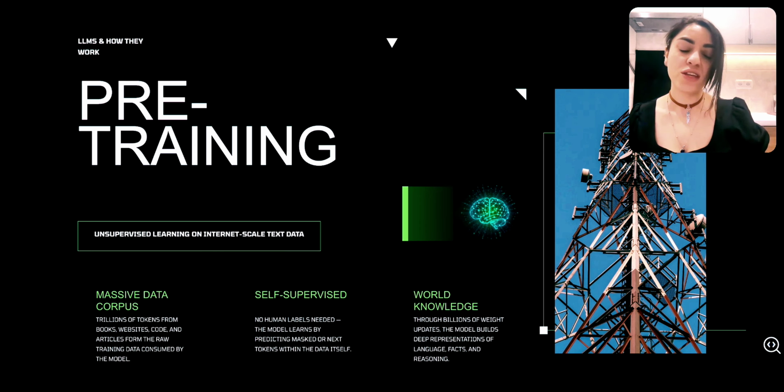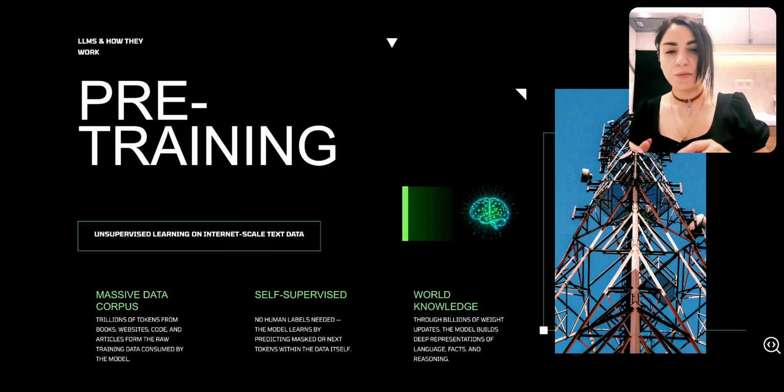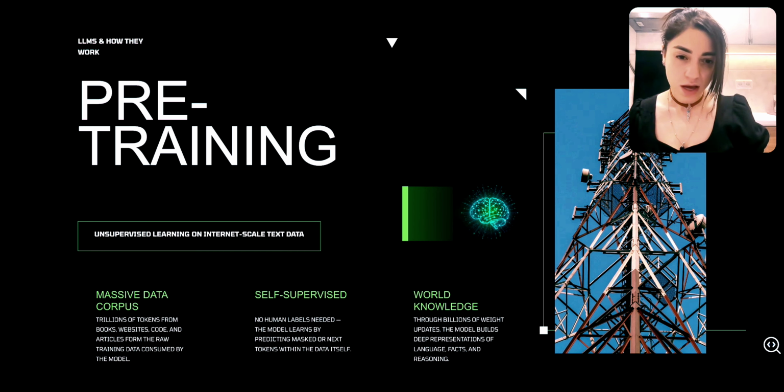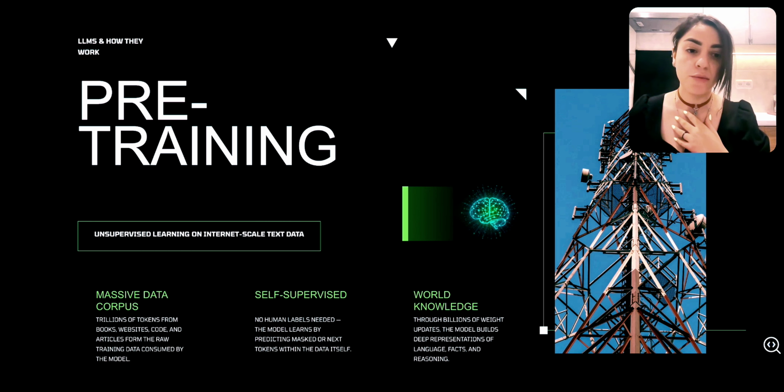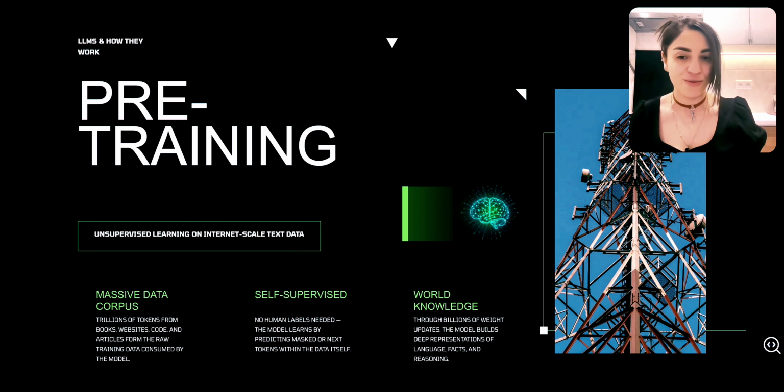The model is not simply memorizing every sentence, it is learning a compressed statistical representation of patterns found across the whole training data. Pre-training is extremely expensive and may require large clusters of specialized computing hardware that big businesses can afford.